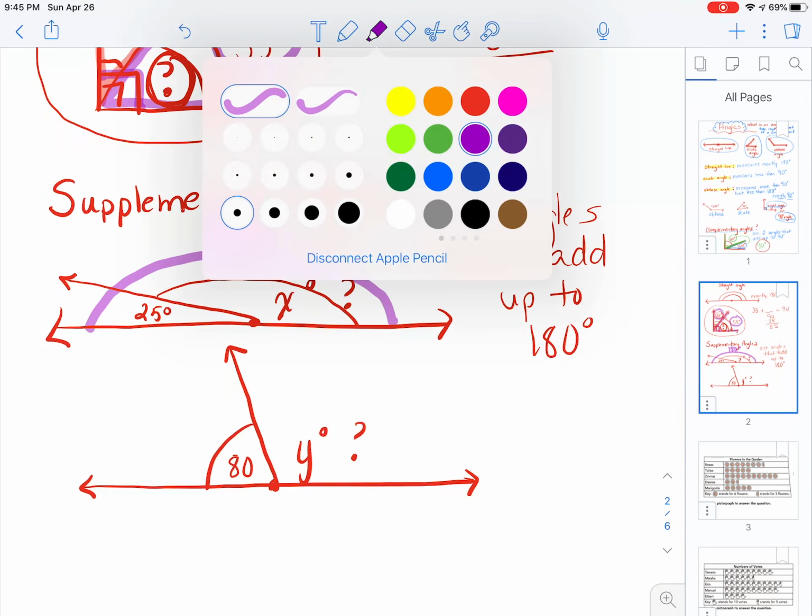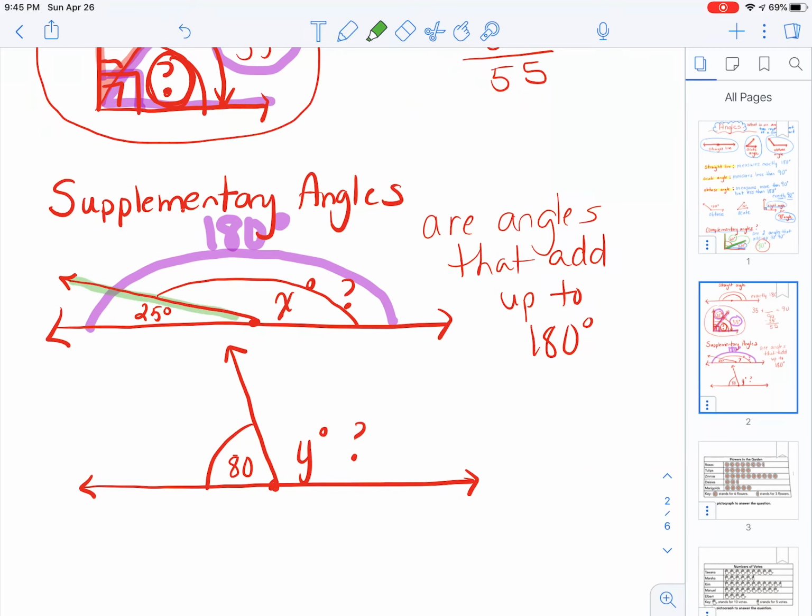Well, if this part, I'm going to highlight, if this little angle right there is 25 degrees, and I'm trying to figure out what this angle is, and I know altogether it's 180 degrees, so 25 degrees plus whatever angle X is has to equal 180 degrees.